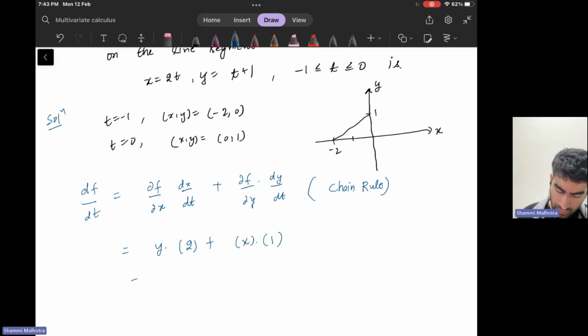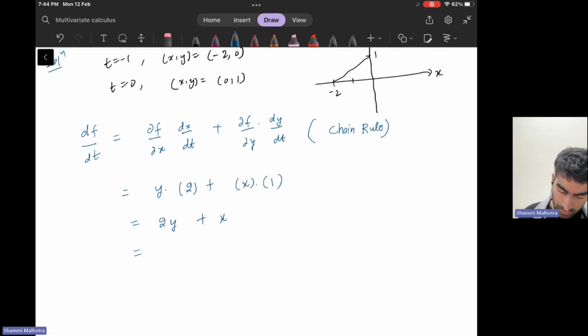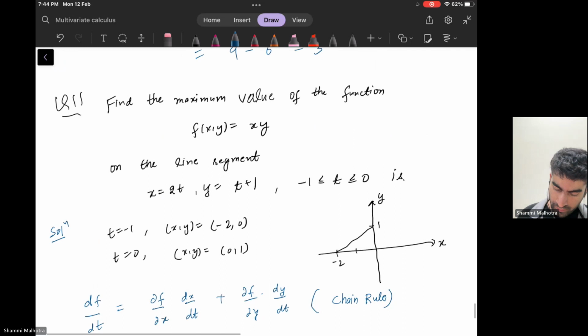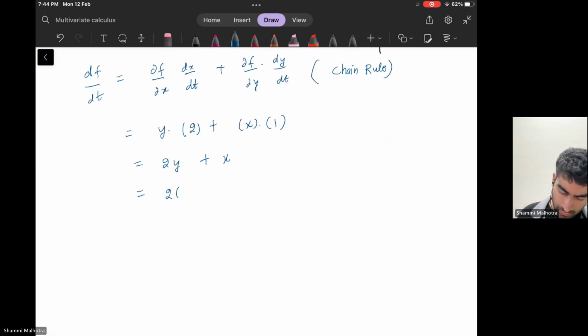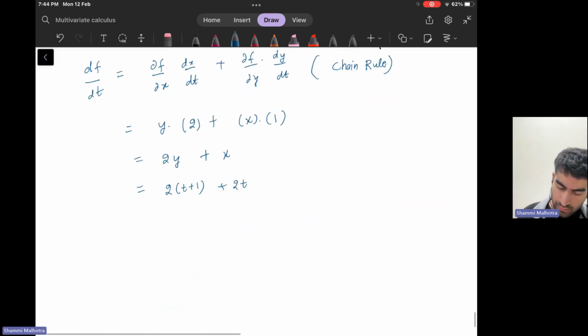So this is 2y plus x, but I have to put it in terms of t only. So this would be 2 times y, and y is t plus 1, plus x, which is 2t. So this is 4t plus 2.